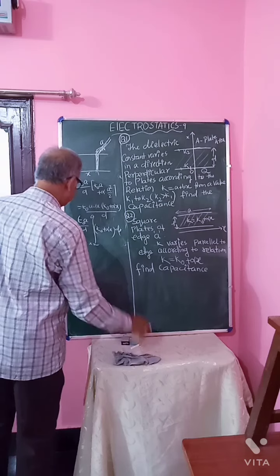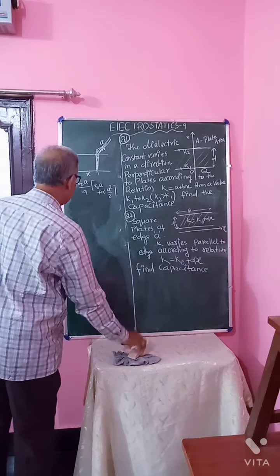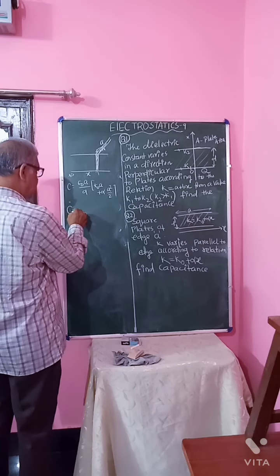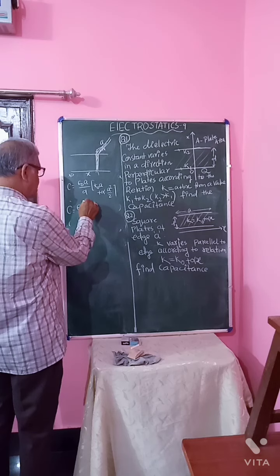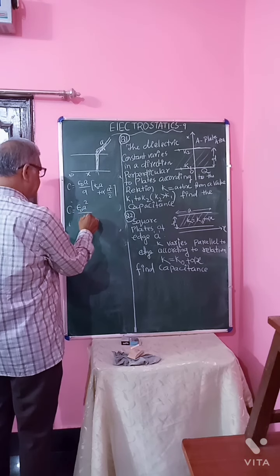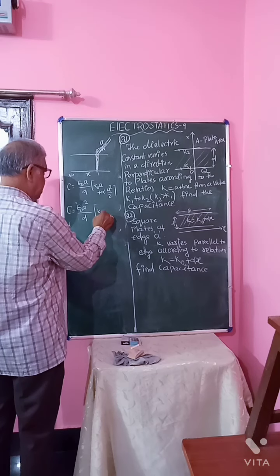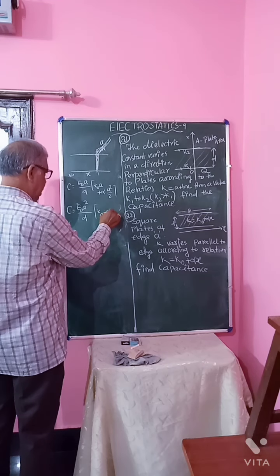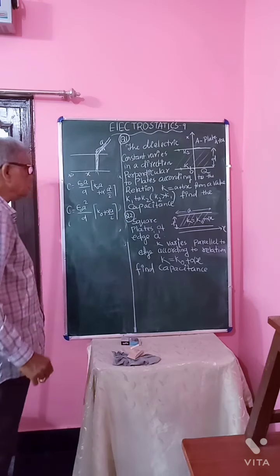So the capacitance of the capacitor, taking common epsilon 0 A square by d, is K0 plus alpha A by 2.